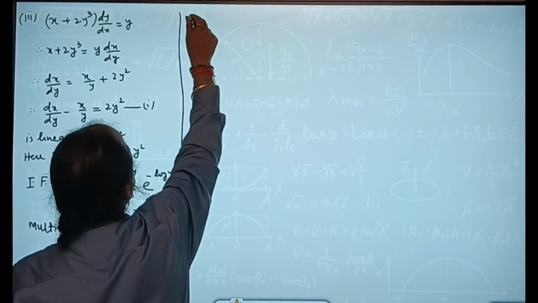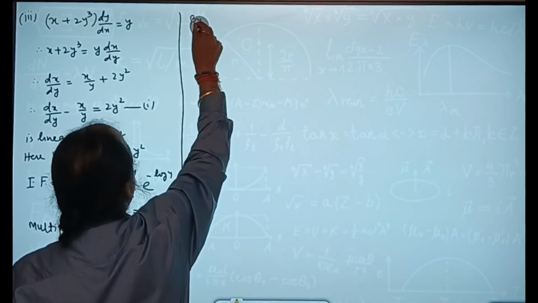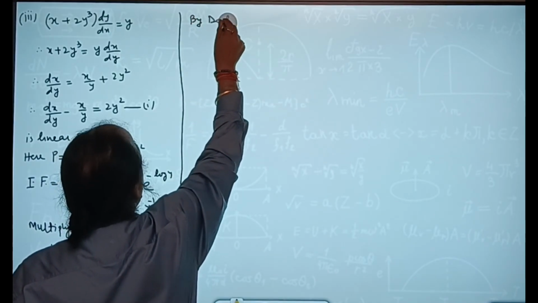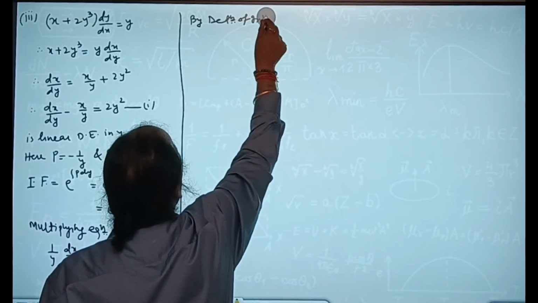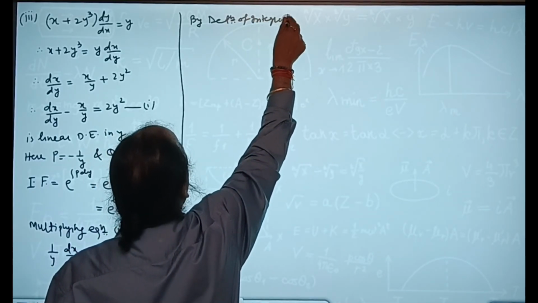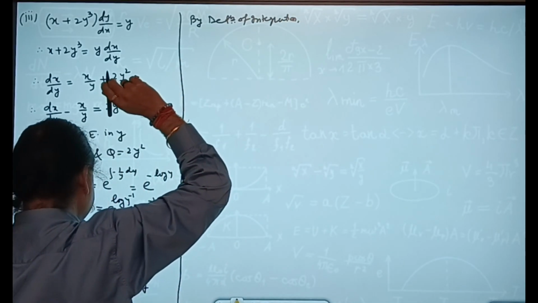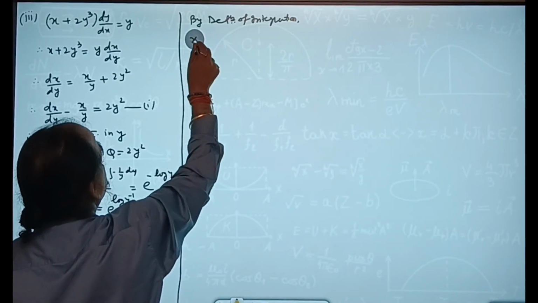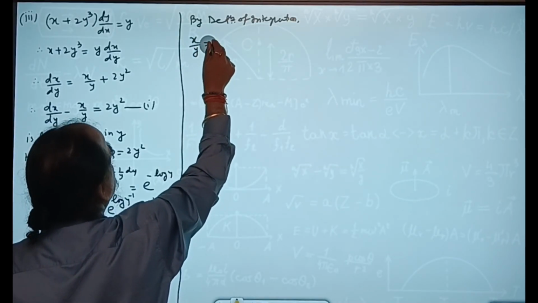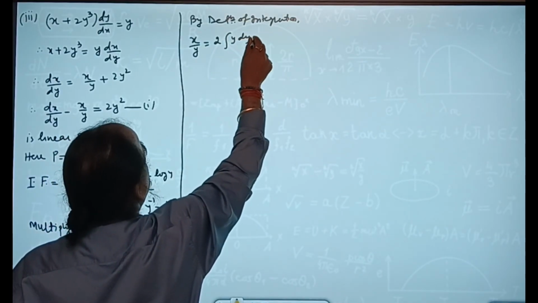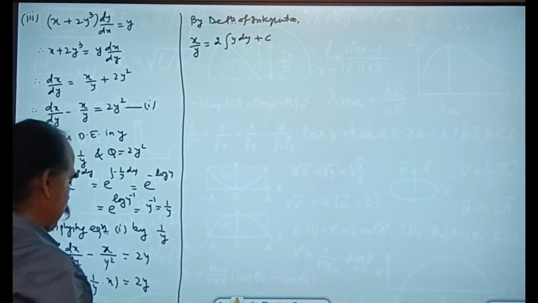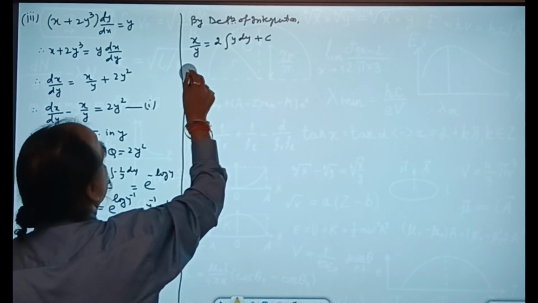By definition of integration, x upon y is what? 2 times integral y dy + c.